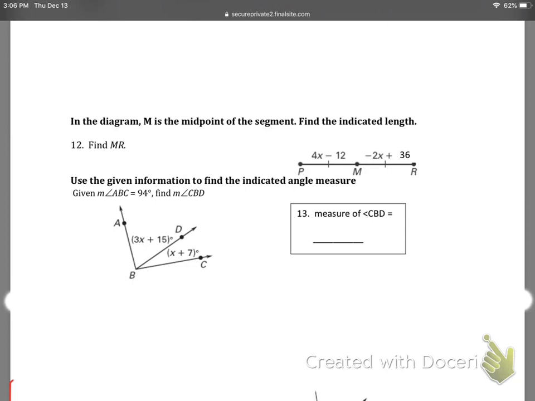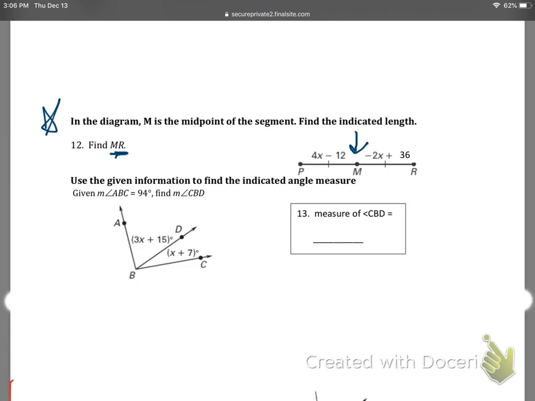For question 12, it tells us something right above, so don't forget to read all the information they're giving you. It says in the diagram, M is the midpoint. Okay, that's huge to know. So right here, M is the midpoint. That means it divides the line segment PR exactly in half. They want me to find the indicated length, MR. So here's MR right here.